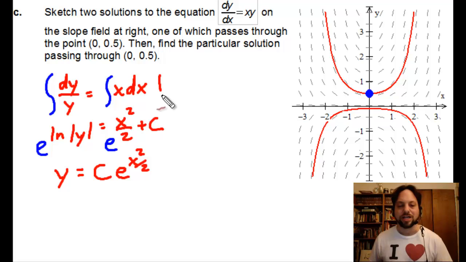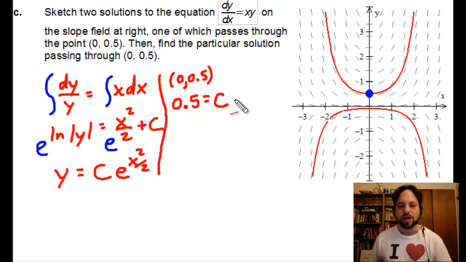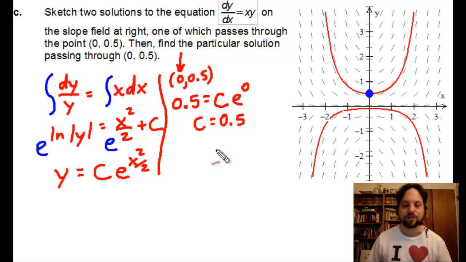Now, for our initial value, we do want it to go through (0, 0.5). So let's go ahead and plug in some values. y will become 0.5. c, we're not sure. That's what we're solving for. And then we'll have e to the x squared over 2. But notice, x is 0. So that's pretty handy. It appears that c is simply going to be 1/2, or 0.5 if you like.